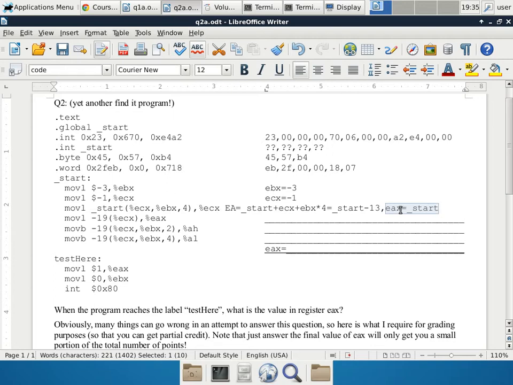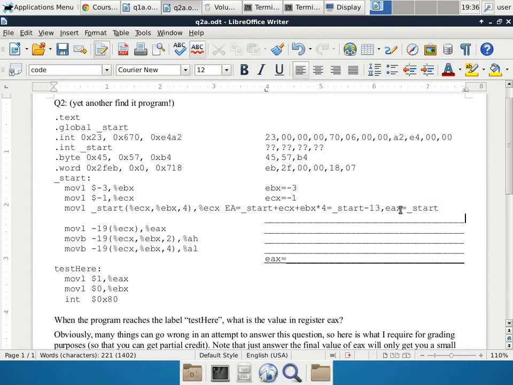In other words, if you want to give me everything in pseudo C, it would look like EAX gets the content pointed to by underscore start minus 13, and that turns out to be the same as the label underscore start itself. So the most concise way to get all the points for this particular instruction is that, which is what I did in class.